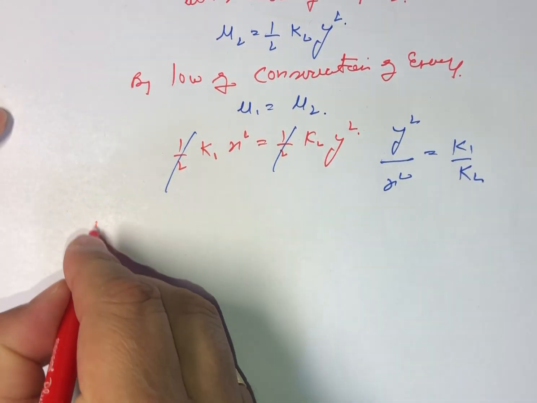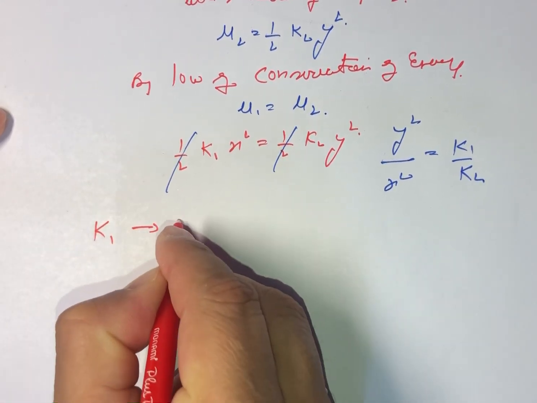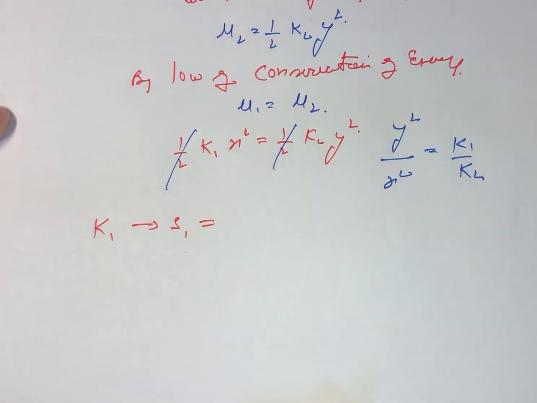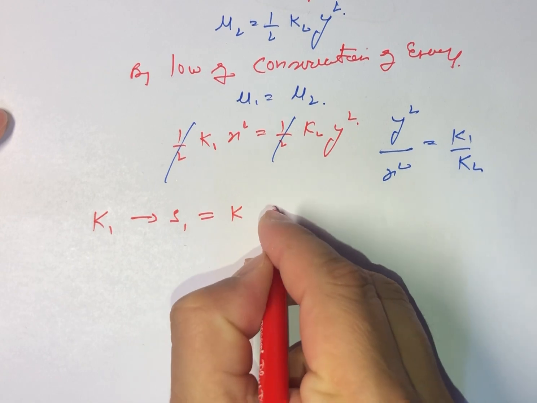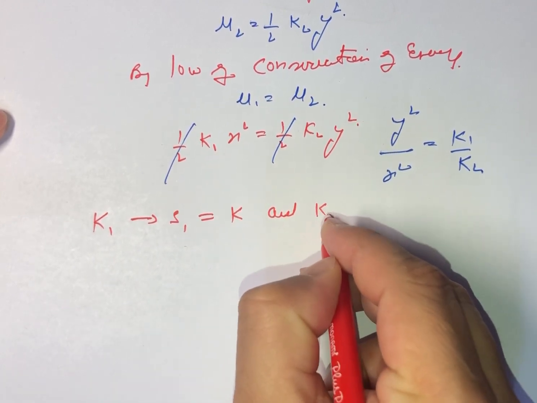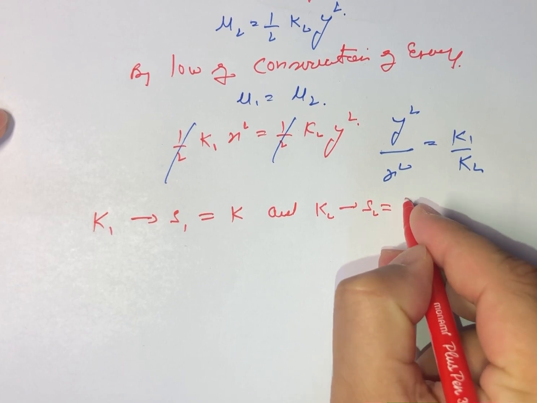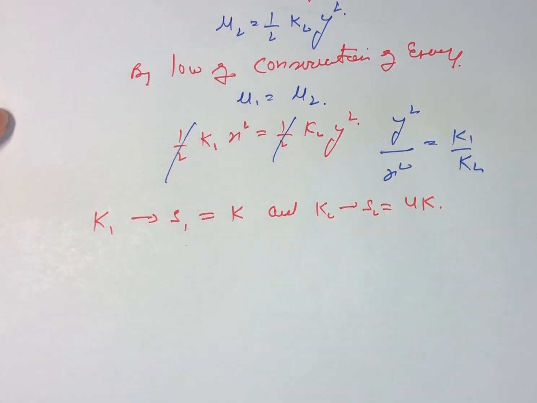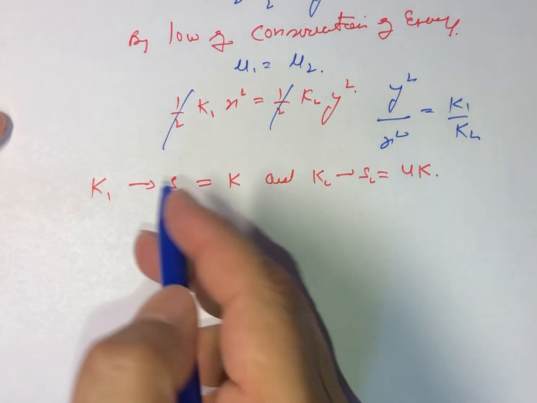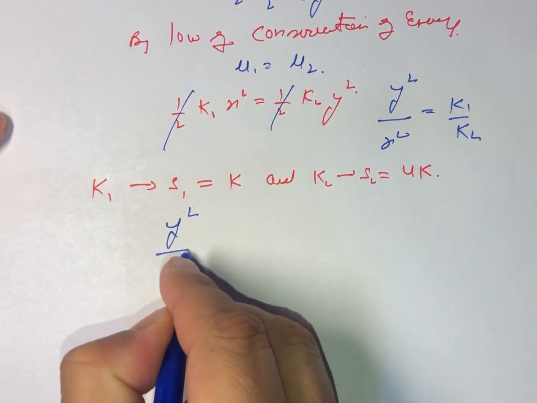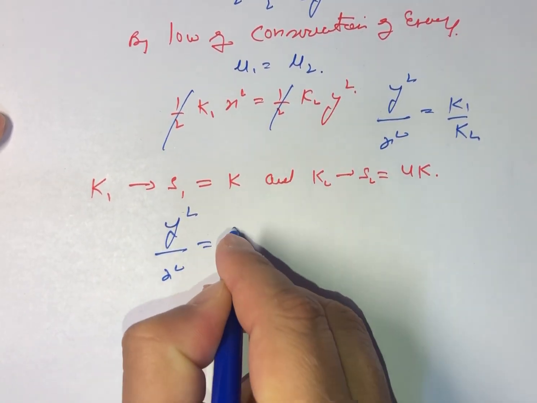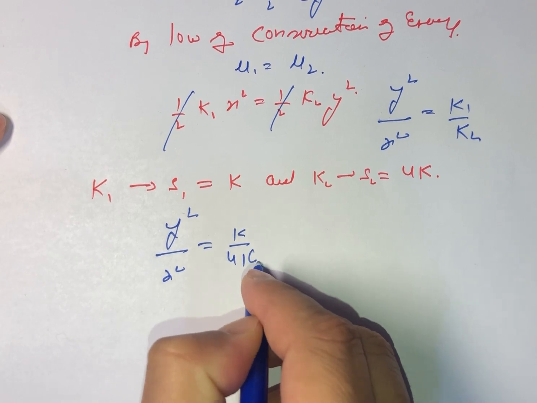Now K1 is the spring constant of S1, which is given as K, and K2 is the spring constant of S2, which is given as 4 times K. We substitute the values, we get y square upon x square is equal to K upon 4K.